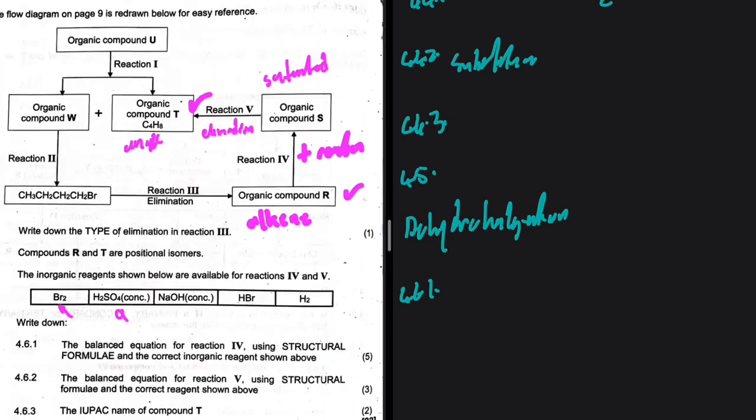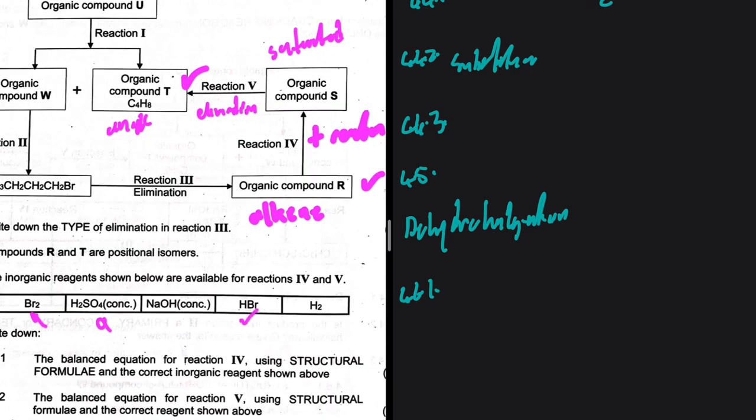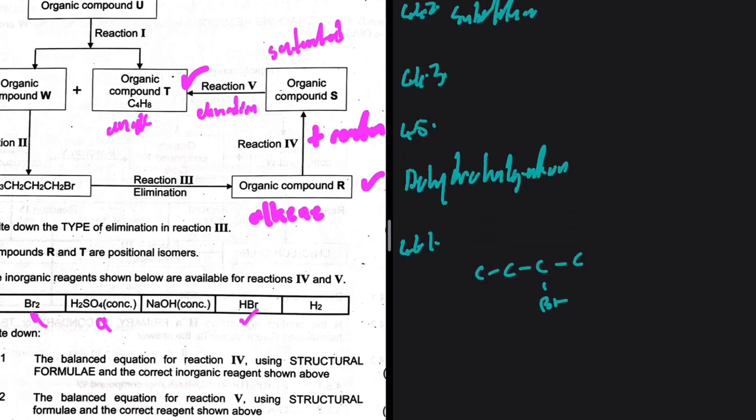But what happens is that if I add HBr, I'm going to end up with, let's say, 1, 2, 3, 4, and then I have Br somewhere there. So this will be compound S if I add HBr. But can I remove H and Br to end up with compound T with any of the other reagents that we have in the table?